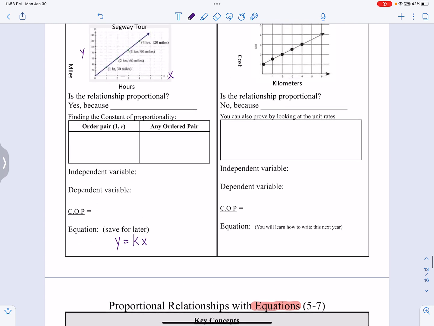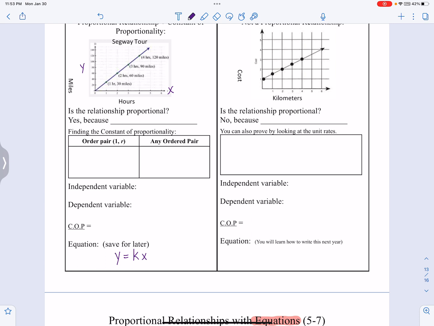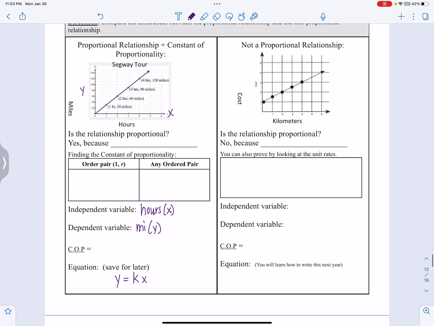And so let's go ahead and test these out. Our independent variable is hours, just because that's x. Our dependent variable is miles, because that's what our y is. And so we can just test these out and see what the constant of proportionality is. So let's go ahead, and I do see that it goes through the origin 0, 0.